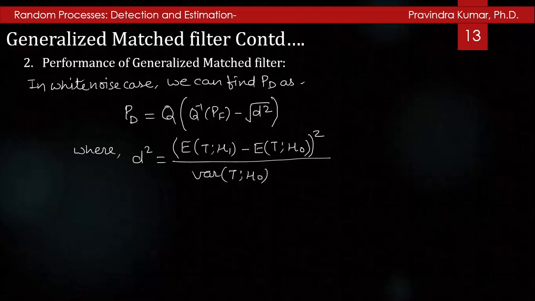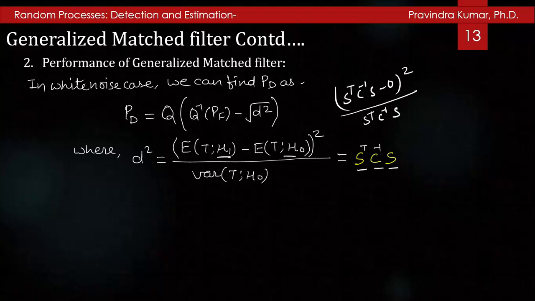Under hypothesis H1 the mean value is s transpose C inverse s, and under hypothesis H0 it is 0, and the variance under H0 is s transpose C inverse s, so you will get s transpose C inverse s here.